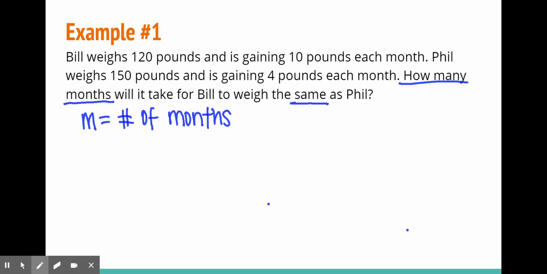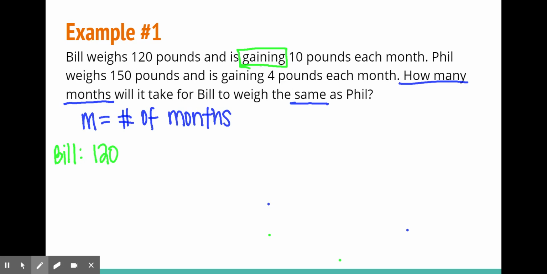And now let's just go back to the first sentence. In the first sentence, I'm told that Bill weighs 120 pounds and is gaining 10 pounds each month. So I can figure out Bill's weight. First of all, I know that he starts off at 120 pounds. And he is gaining 10 pounds each month.